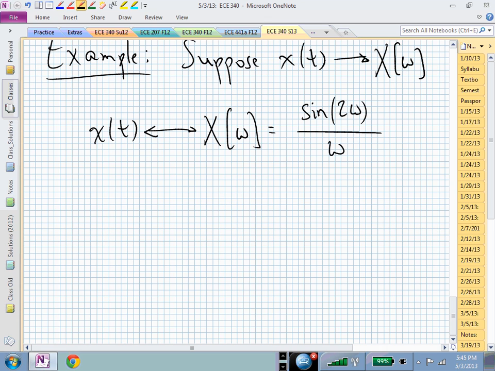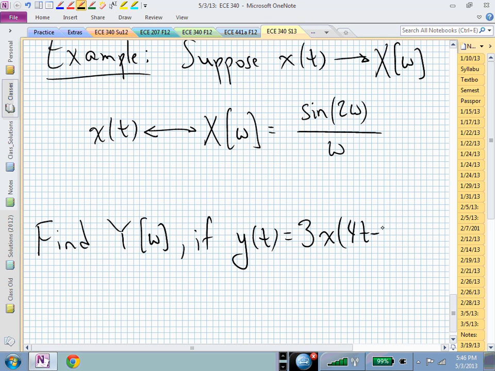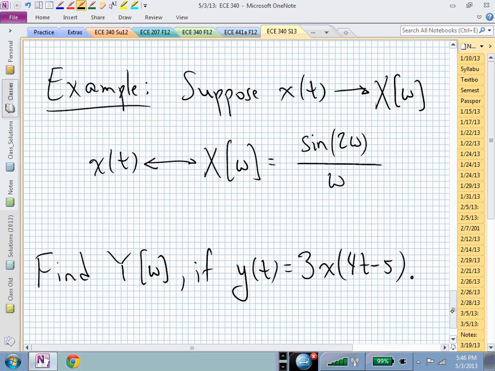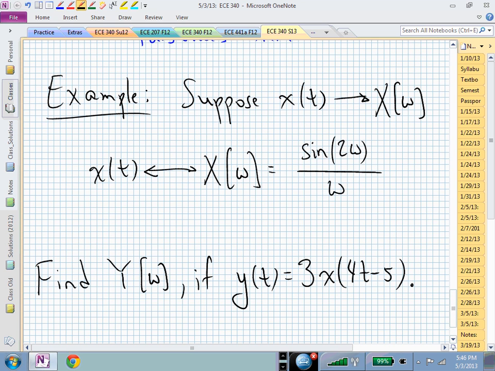But now let's say that they ask you to find the Fourier transform of y of t, where little y of t, the time domain signal, is related to the time domain x by 3x of 4t minus 5. And now they want to know what is capital Y of omega.